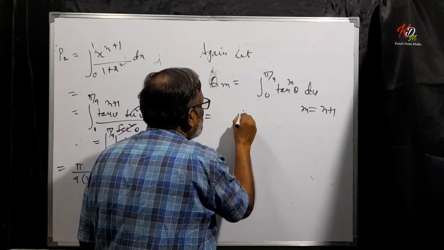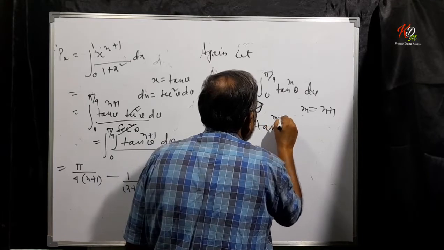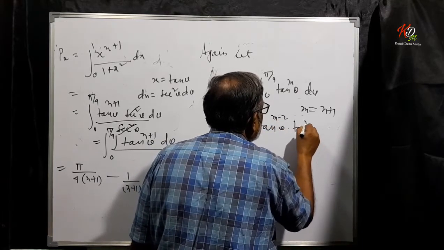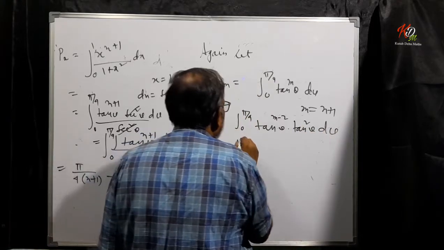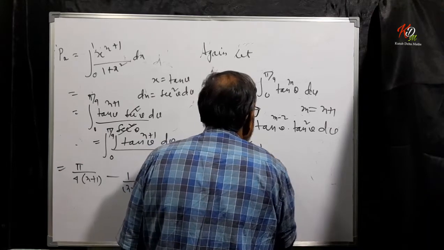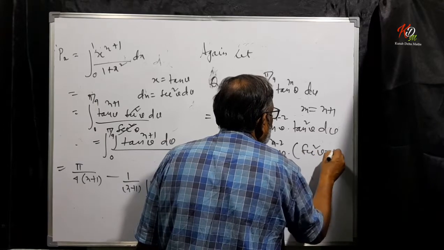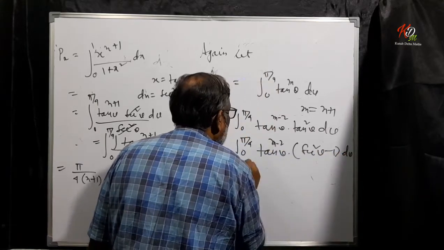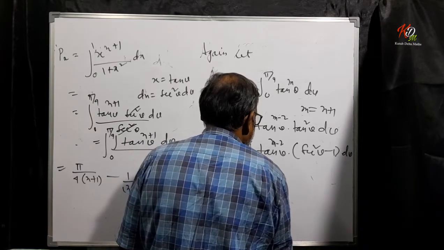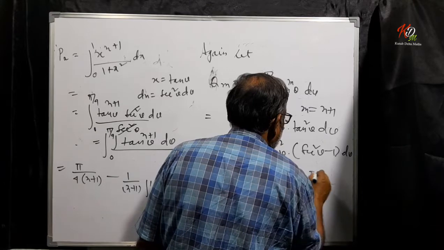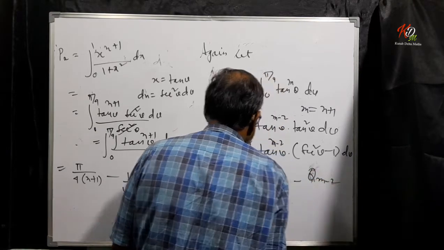So the integral from 0 to pi by 4 of tan to the power m minus 2 theta tan square theta d theta, which is the integral of tan to the power m minus 2 theta times sec square theta minus 1, giving tan to the power m minus 1 theta by m minus 1 minus Qm minus 2.